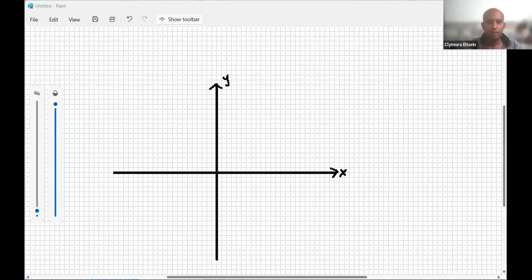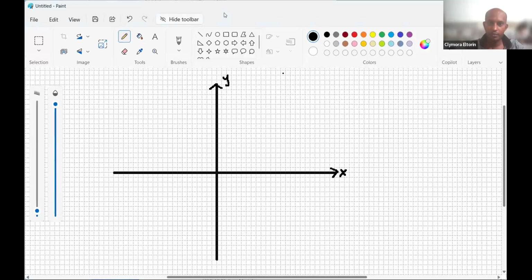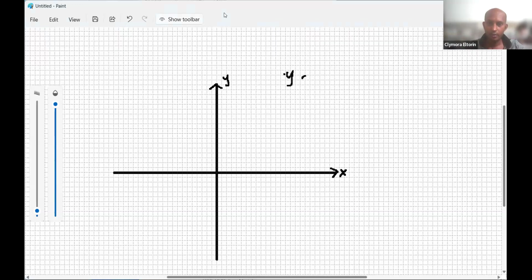Last week, in the last session, we discussed the graphs in the format y = mx. As examples, we discussed y = x, y = 2x and y = half x.